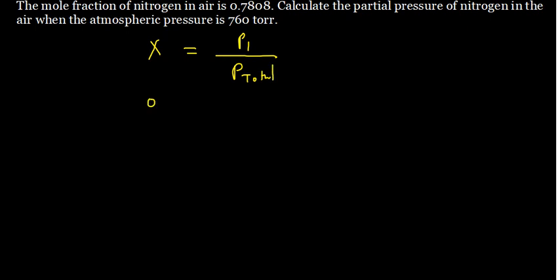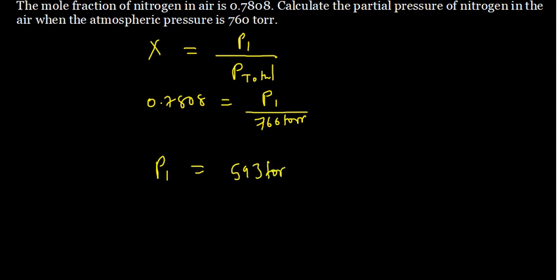So 0.7808 is equal to the partial pressure divided by the atmospheric pressure, that is 760 torr. So to remain with P1, we simply multiply 0.7808 by 760, and that is going to give us 593 torr. So that is going to be the partial pressure of the nitrogen gas.